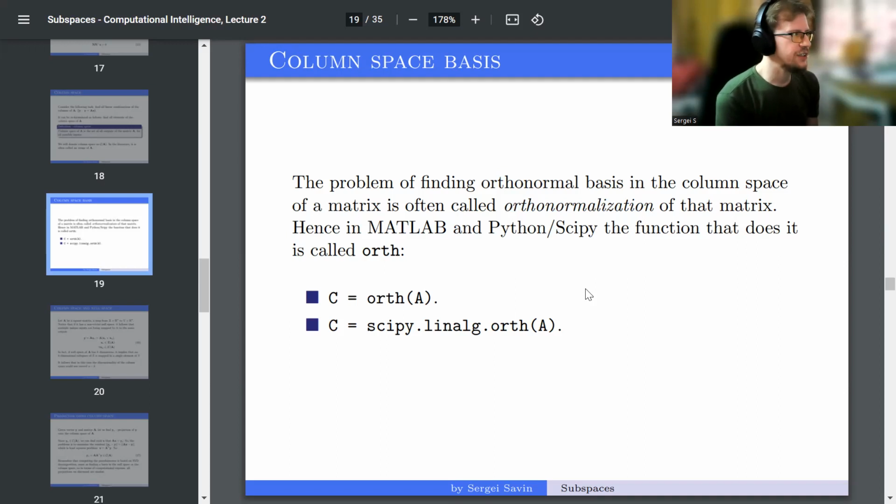Well, the reason is that, I'm not sure how the history goes exactly, but it's a time before fundamental subspaces were thrown around the way we do it in this class. We had tasks that required us to orthogonalize the matrix, basically perform orthonormalization of a matrix, which is essentially just that: find an orthonormal basis in the image of the matrix, so in the column space of a matrix.